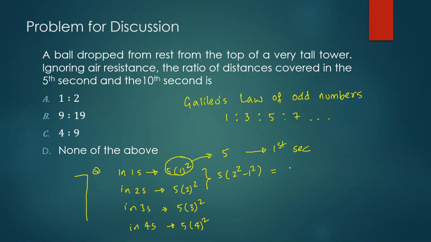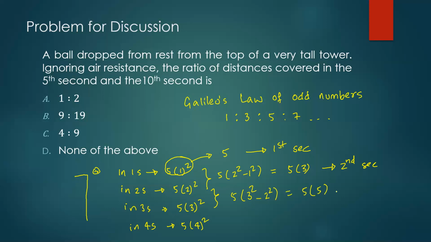Now the gap between 2 square and 1 square gives the distance covered in the second second. So that is 5 into 3. And if I want the distance covered in the third second, I take the difference between the distance covered in 3 seconds from the beginning and the distance covered in 2 seconds, which is 5 into 3 square minus 2 square. So that is 5 into 5.